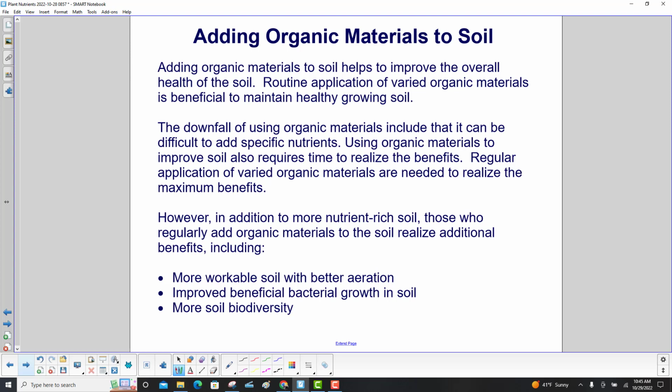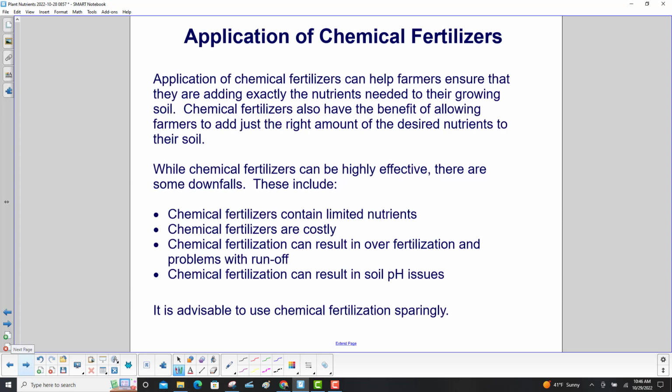Regular application of varied organic materials is needed to realize the maximum benefits. However, in addition to more nutrient-rich soil, those who regularly add organic materials to the soil realize additional benefits, including more workable soil with better aeration, improved beneficial bacterial growth in soil, and more soil biodiversity.